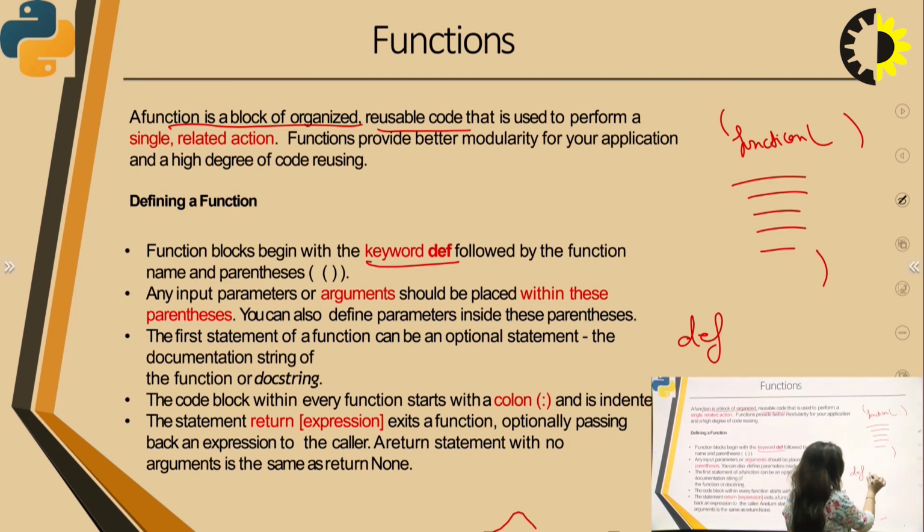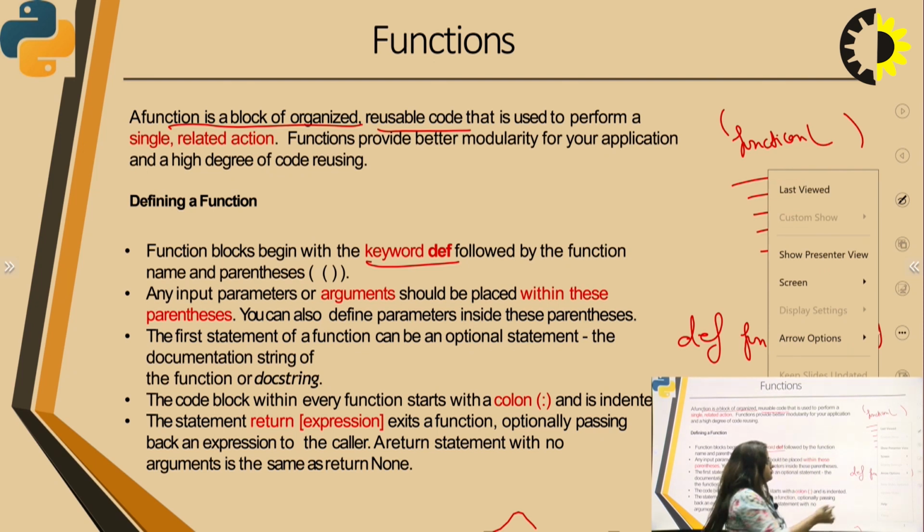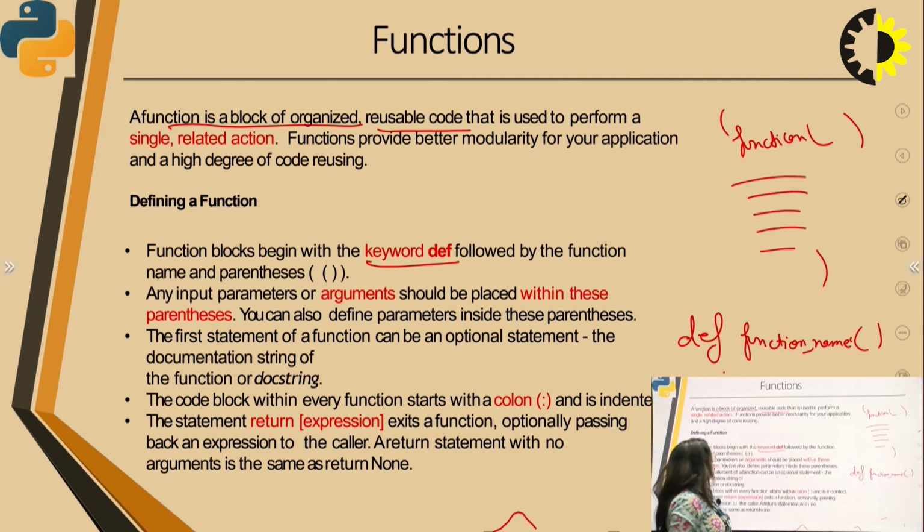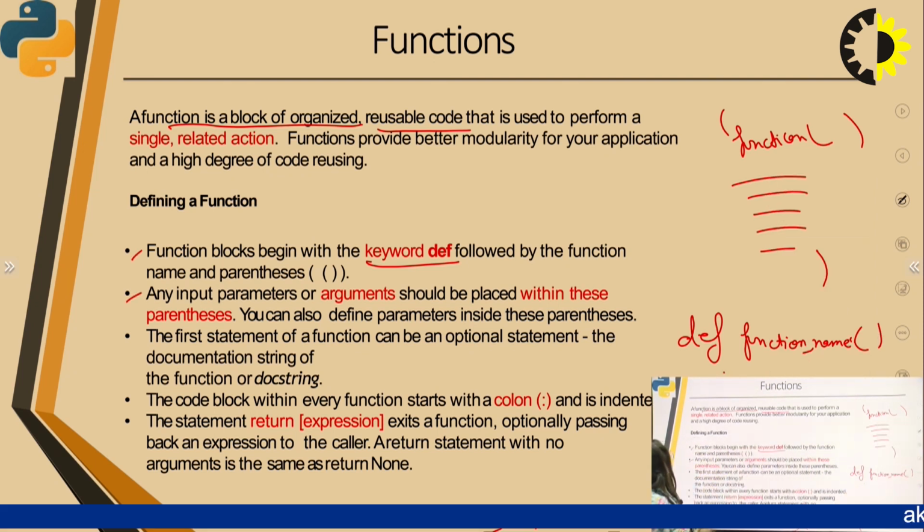After that you use the function name, then parenthesis and last colon. According to the second point, any input parameter or argument should be placed inside the parenthesis. Means if you pass any argument, any parameter, then use it inside the parenthesis.